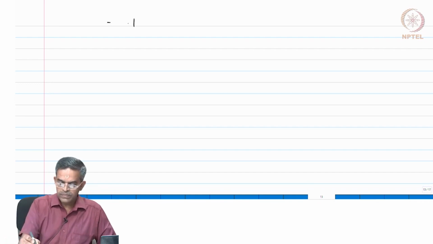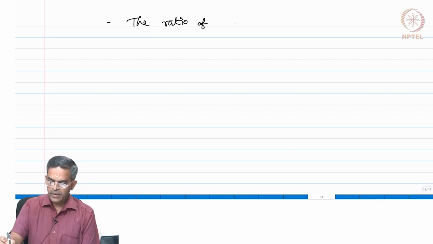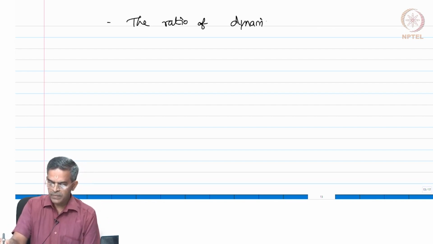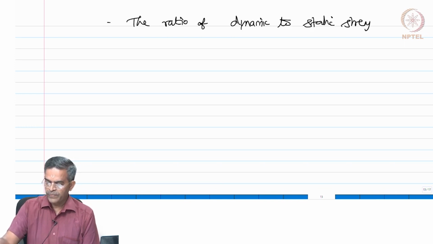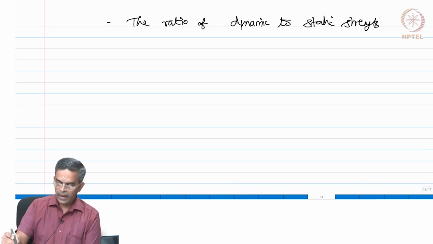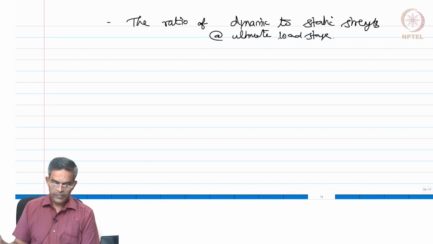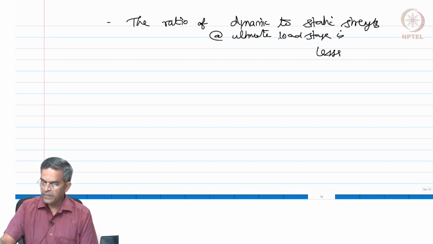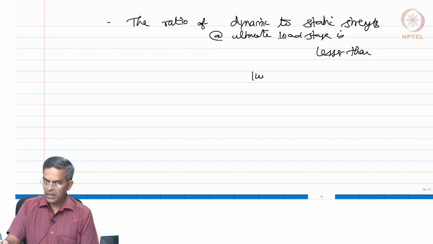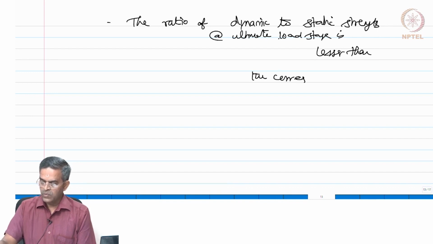Therefore, the ratio of dynamic to static strength at ultimate load state is lesser than the corresponding value at yield point.